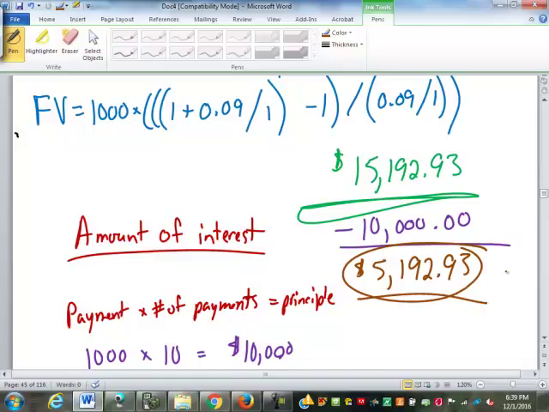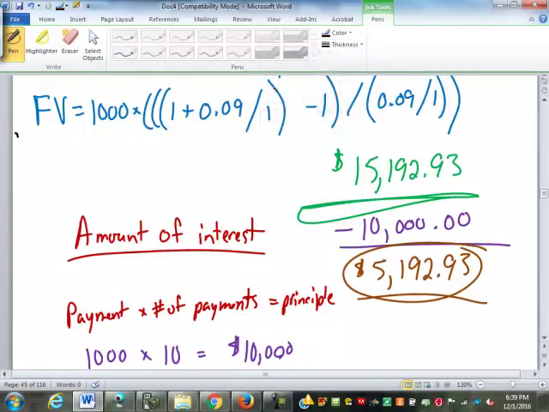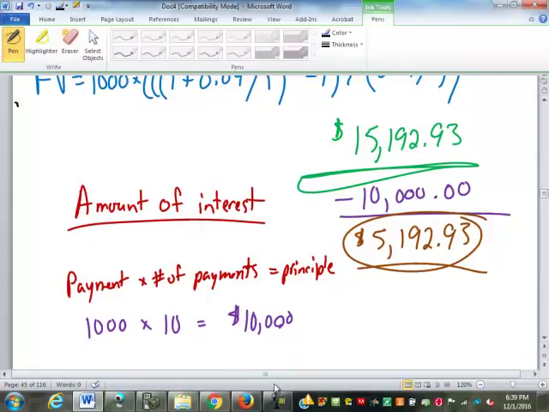He started out with nothing, and the balance slowly built up. So technically that balance has only been in there part of the time. It'd be very different if you put in the 10,000 right away and you only ended up at 15,000. So the 5,000, that's the interest earned.